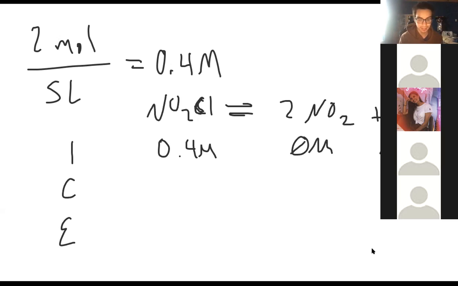It tells us that after equilibrium is established, 1 mole of nitrile chloride gas is present. So we have to convert that mole into molarity again. Well, let's see.